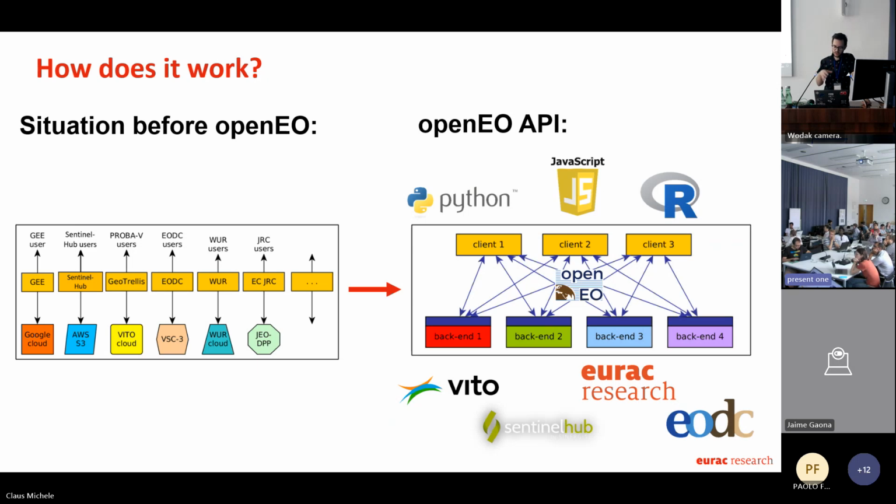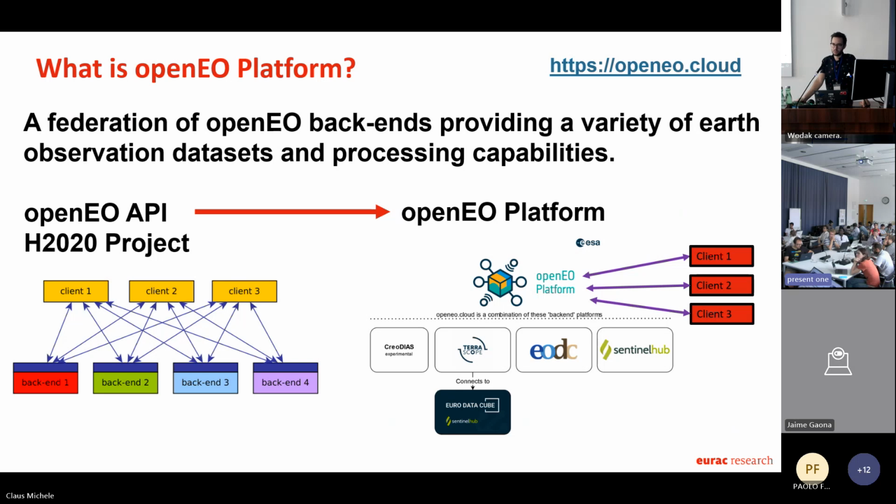After the first iteration of the project, the Horizon 2020 project, we had multiple backends, but they were mostly for research purposes and not available to the vast public, and therefore the OpenEO Platform project started. The idea was that we would like to really simplify how the actual user accesses OpenEO and uses the cloud resources.